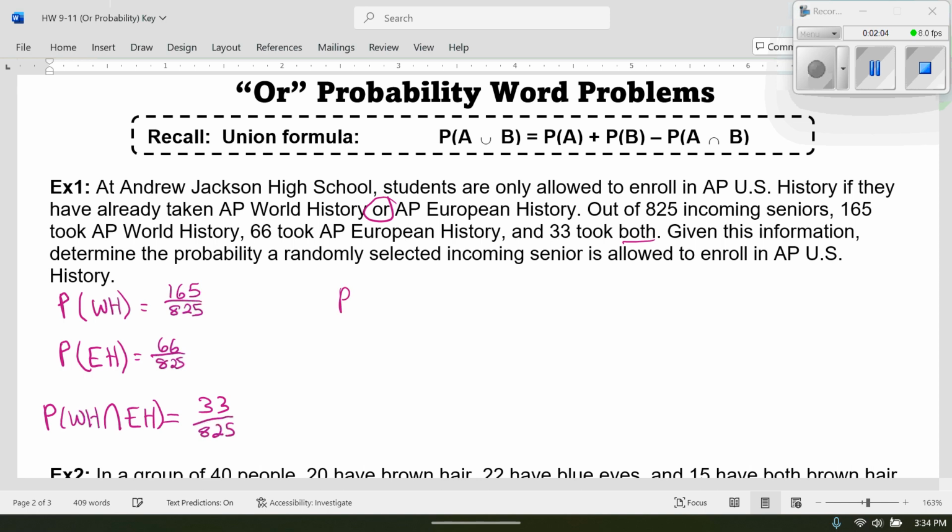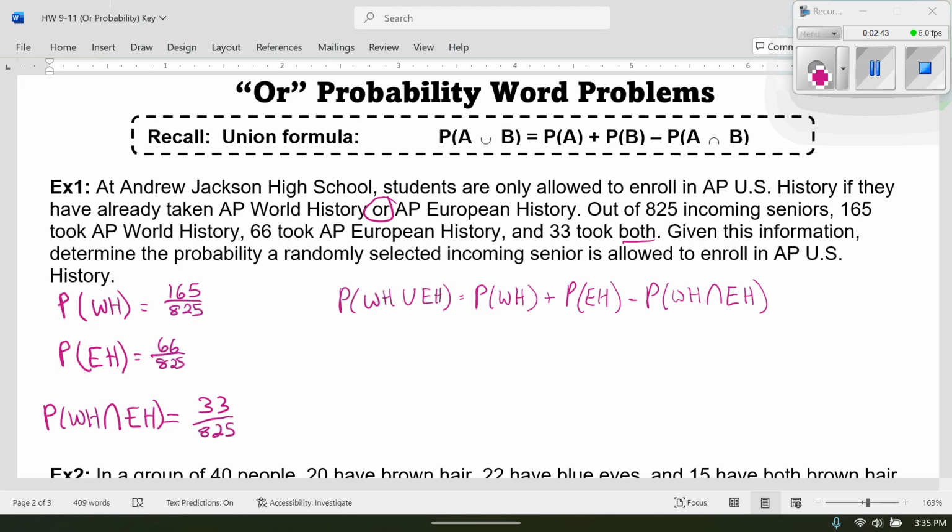So the probability of World History or European History is equal to the probability of World History plus the probability of European History, one plus the other, minus the probability of World History and European History. Now, if you don't like the symbols, you could write out the words or and. However, it is good to know the symbols, so it's better to just practice with it.